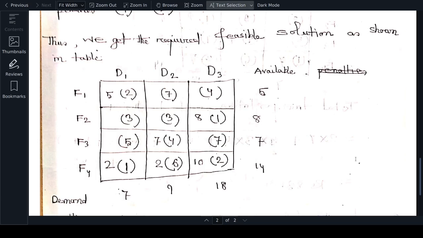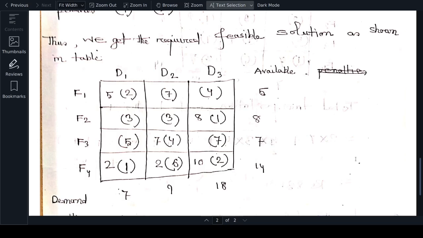So demand is 9. Then third row, allocation is 7. And third column, allocation is 8 plus 10, 18. And fourth row, 2 plus 2 is 4 plus 10, 14. Availability is 14. So this, okay.